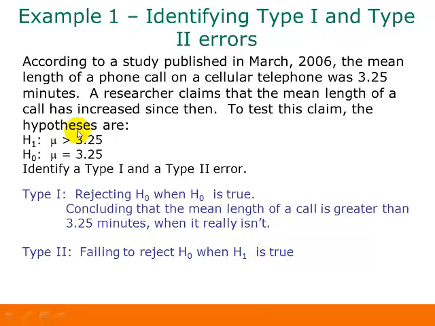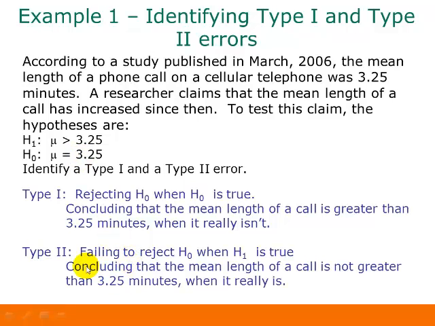Here, since our alternative hypothesis is the mean is greater than 3.25, that would mean that that was actually the true case, but in our testing we didn't have strong enough evidence for us to reject the null hypothesis, so we accept the null hypothesis as the truth. So a type 2 error here would be concluding that the mean length of a call is not greater than 3.25 minutes when it really is.